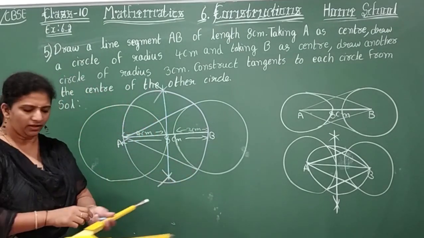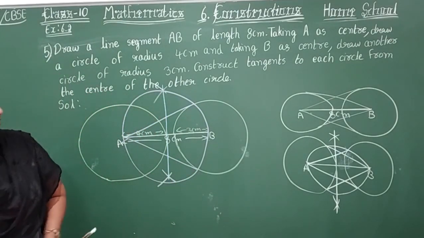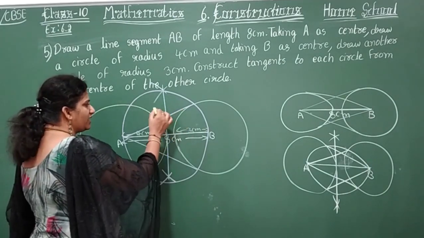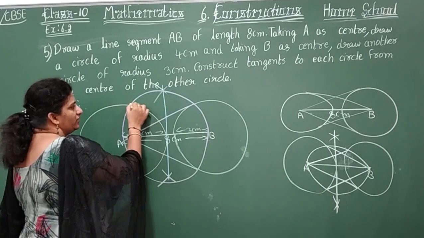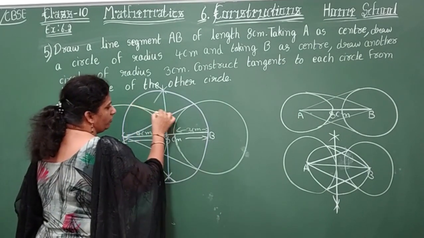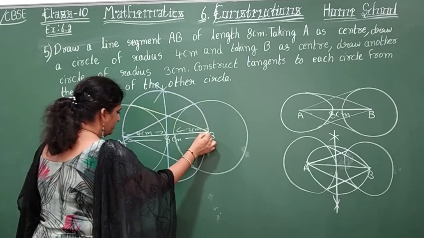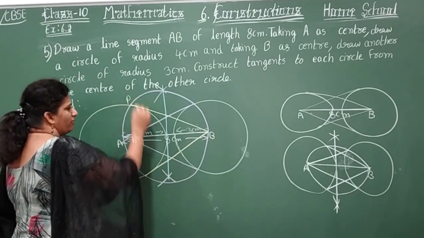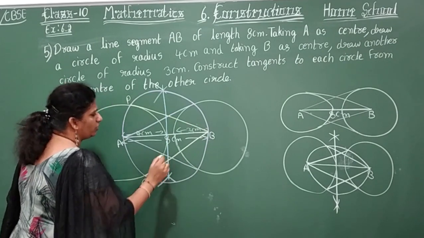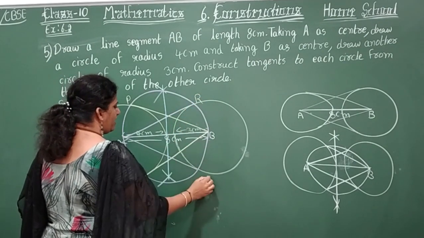Over. Okay. Then where are the other tangents here, children? This circle, where it is touching the purple color, from here to the other circle's center. Okay, I'm going to mark P, Q, R, S.